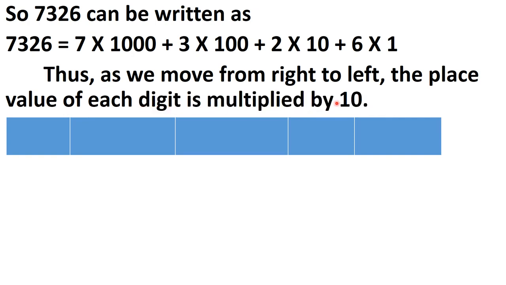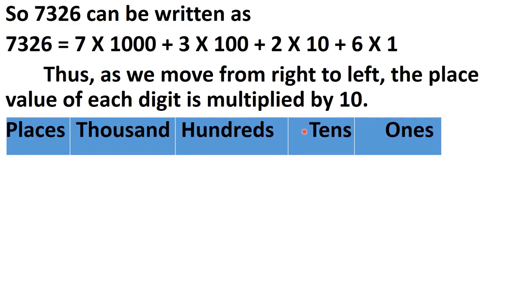The rightmost digit is 6, we multiply it by 1. The next digit is 2, we multiply it by 10. 3 multiplied by 100, 7 multiplied by 1000.